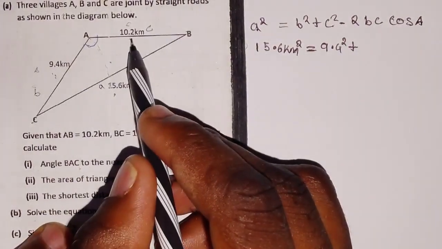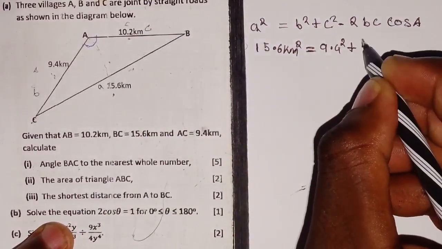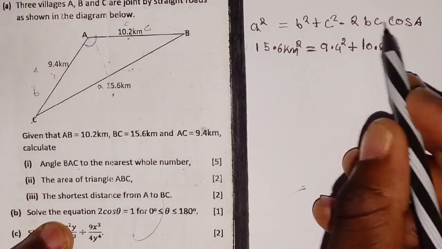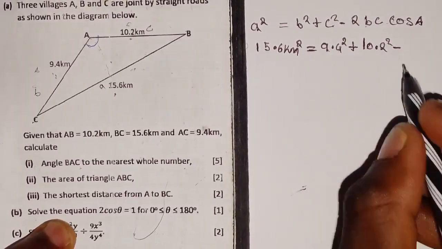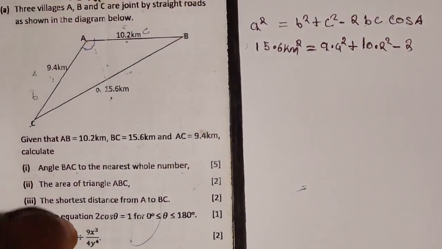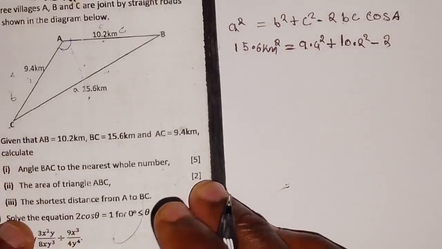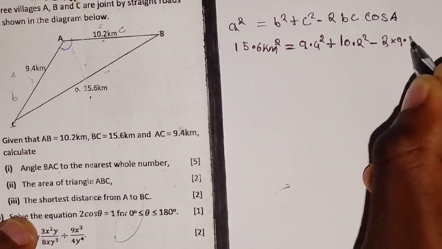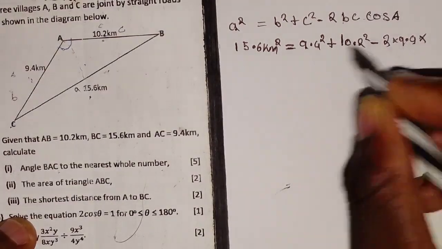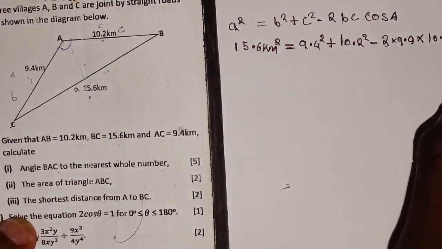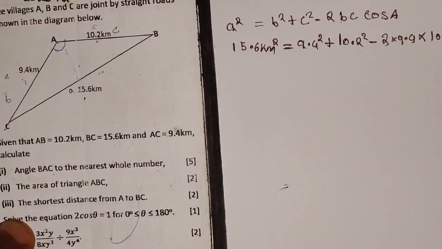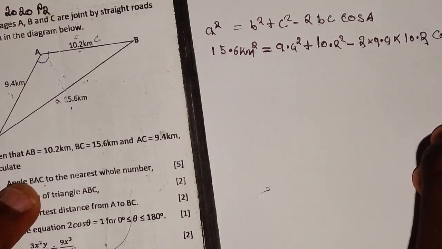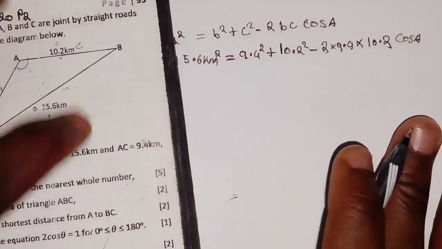Our c is this one, 10.2 squared, minus 2 multiplied by bc, so 2 multiplied by 9.4 multiplied by 10.2. Don't forget your 2, and don't forget your cos A this side.